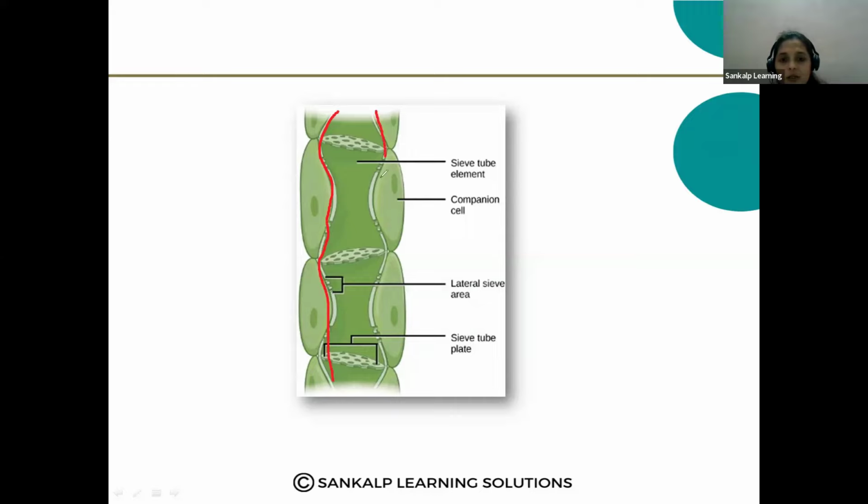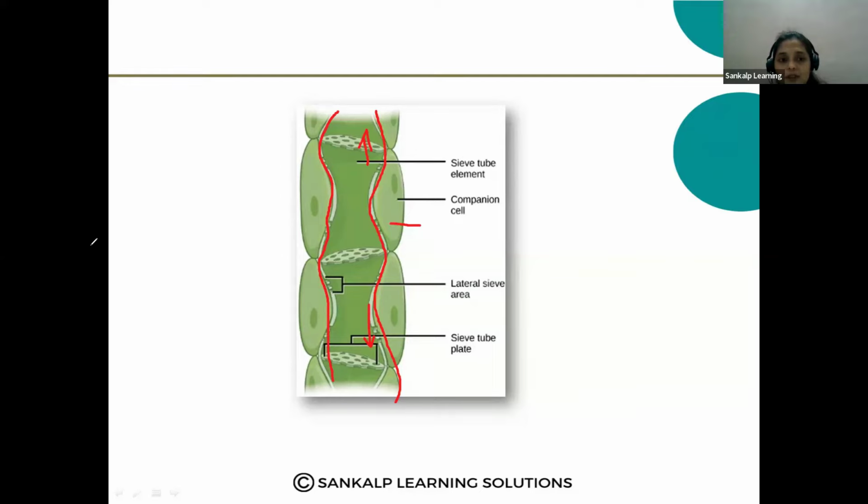These sieve tubes help for the conduction of the food material both upward and downward in the plant body. And the companion cells also help for the conduction of the food material from one part to another part of the plant body.